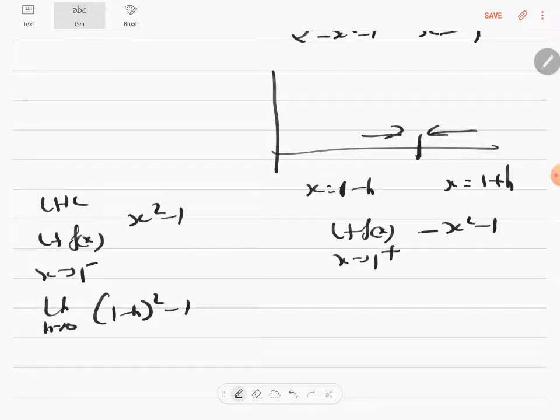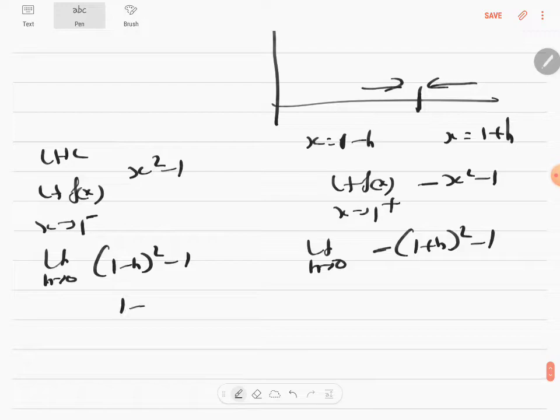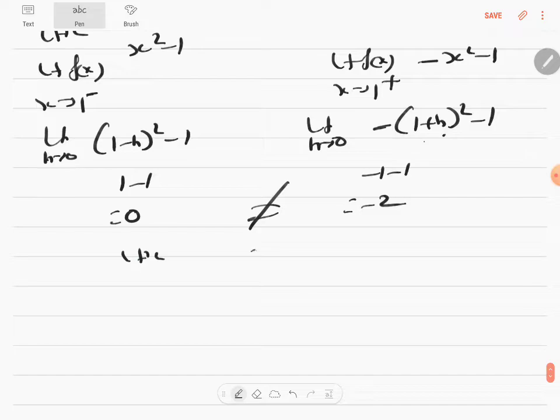And x itself is 1 plus h, so the right limit is minus of (1 plus h) the whole square minus 1, limit h tends to 0. As h tends to 0, it becomes 1 minus 1, the answer is 0. For the right, it's minus 1 minus 1, the answer is minus 2. They both are not equal. So the limit does not exist because left hand limit is not equal to right hand limit.